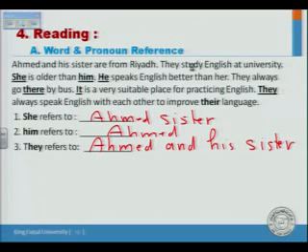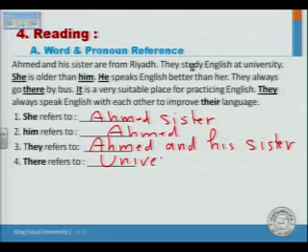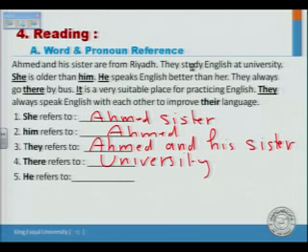Number 4, there refers to a place, but there refers to a place which is far, not here, not near. So when we say they always go there, it refers to university. Number 5, he again.